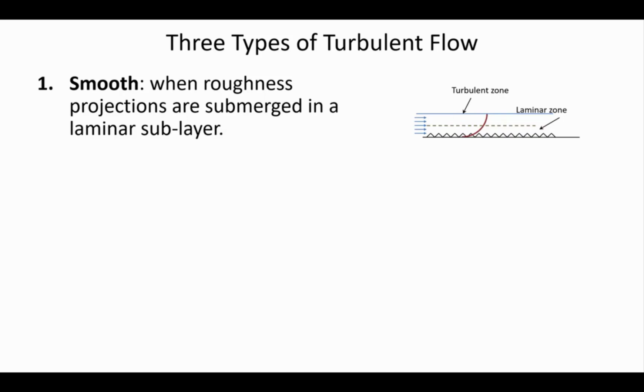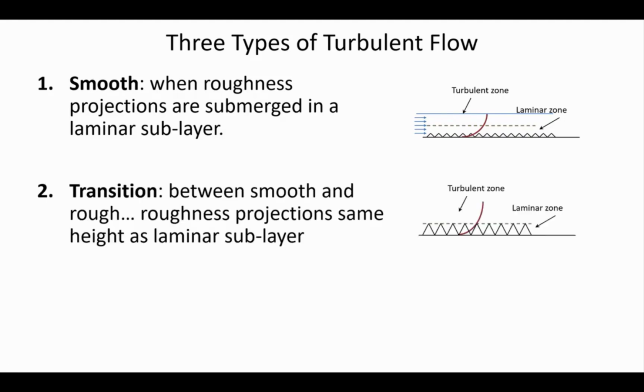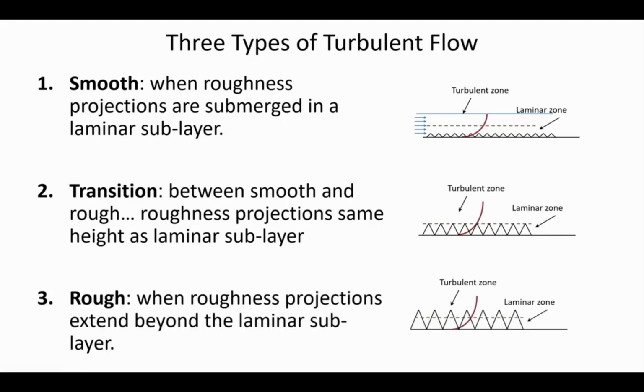But what we mean by that is that, whether it's concrete or whether it is pebbles, whatever, the water's moving slow enough that these projections of the roughness elements are fully submerged in the laminar sublayer.